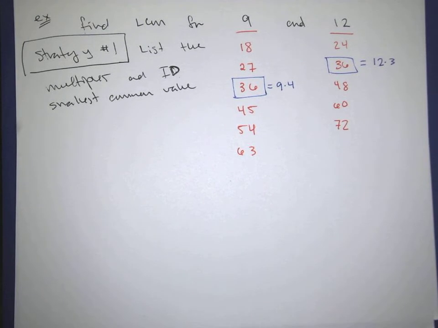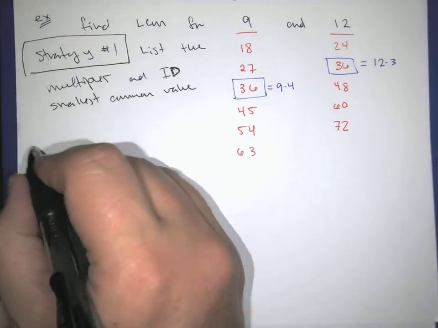How much overlap there is between your two numbers, as far as what the overlapping factors are, how many are there, helps determine how big or small your LCM is going to be. So the more overlap you have, then in theory, the smaller your LCM is going to be.